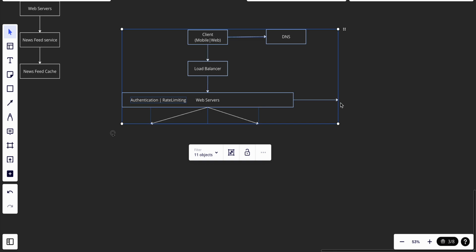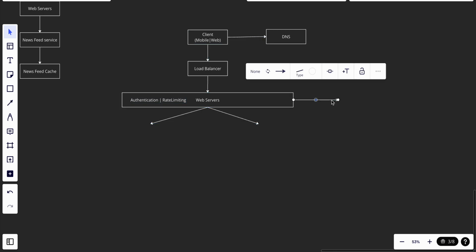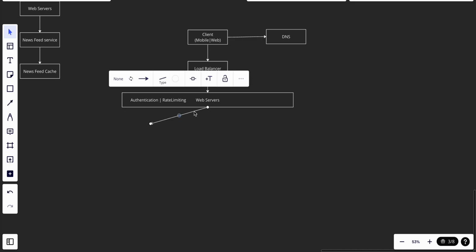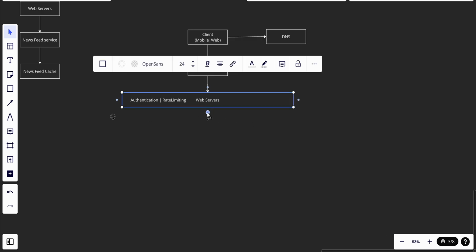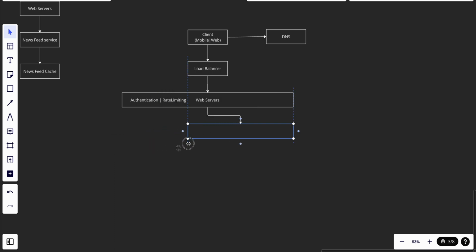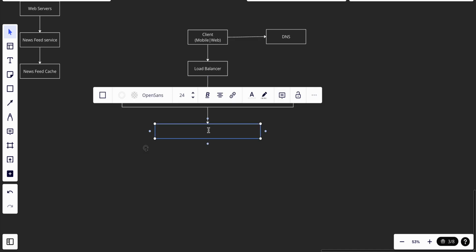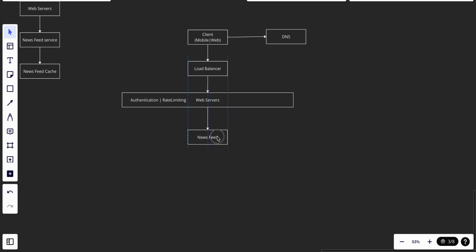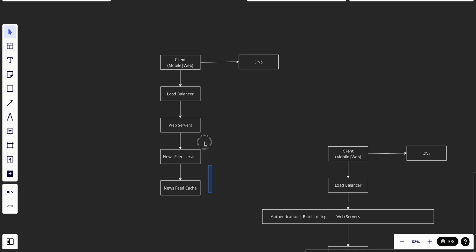And let's delete this one, because there's no need to have this one, and this one either, and this one also. But I will need this to be super small. This one will be the newsfeed service. I guess there's no need to have this one.